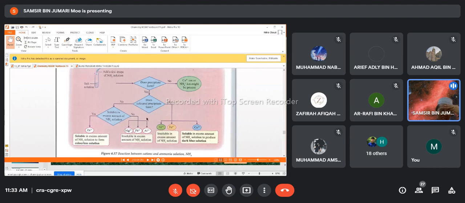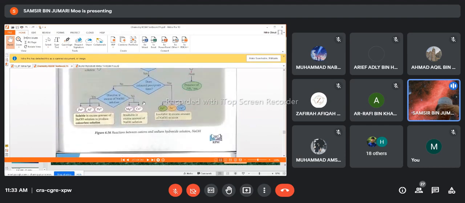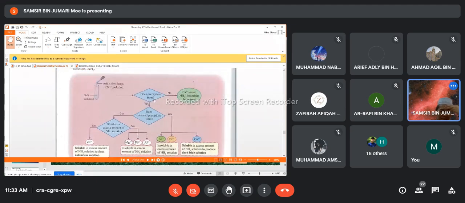Tapi kat sini kita sudah dapat menyaringkan antara magnesium ion dengan calcium ion. Okey. Kalau kat sini tadi magnesium ion dengan calcium ion produce a white precipitate not soluble. Okey. Tapi kat sini okey, langsung tak ada precipitate. Kalau calcium ion diuji dengan menggunakan ammonia aqueous solution, there is no precipitate will be formed.